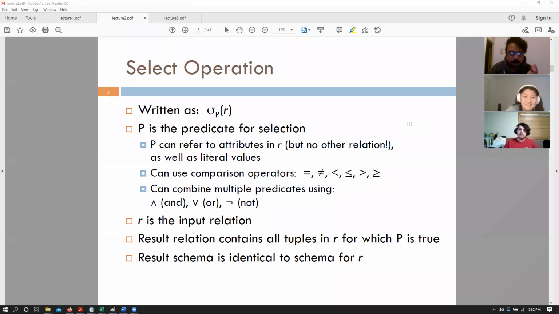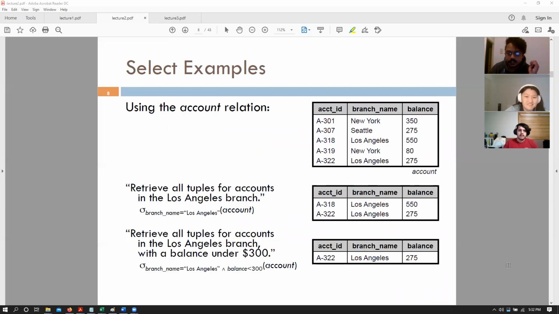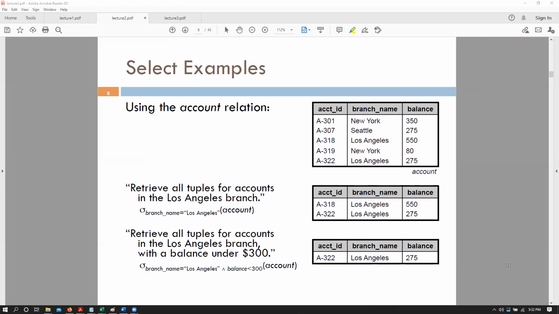Okay, we talked about select. Remember, select was essentially a method or an operation to select certain rows from our relation, right? So given a certain condition, and note that that condition needs to be true, you get a list of rows for which that condition ends up being true.